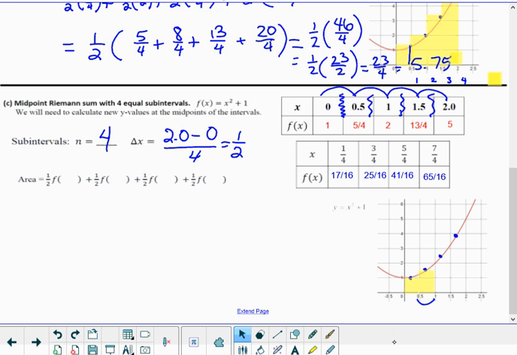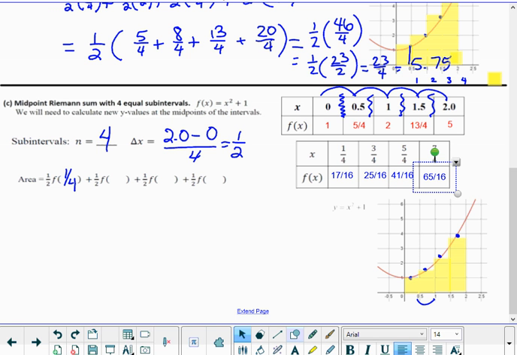Height of 41/16. All right, and then finally our last rectangle determined by the midpoint height of 65/16. 1, 2, 3, 4.